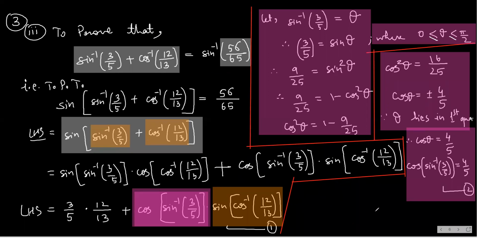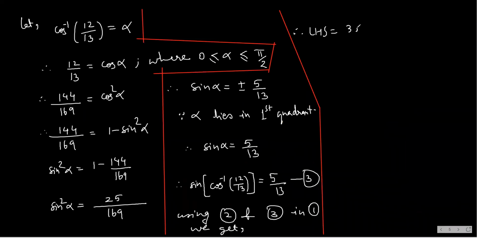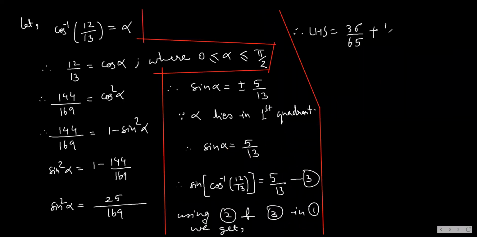So 36 upon 65 plus here what you have, cos of sine inverse 3 by 5, which is 4 by 5, into sine of cos inverse 12 by 13, which is 5 by 13.